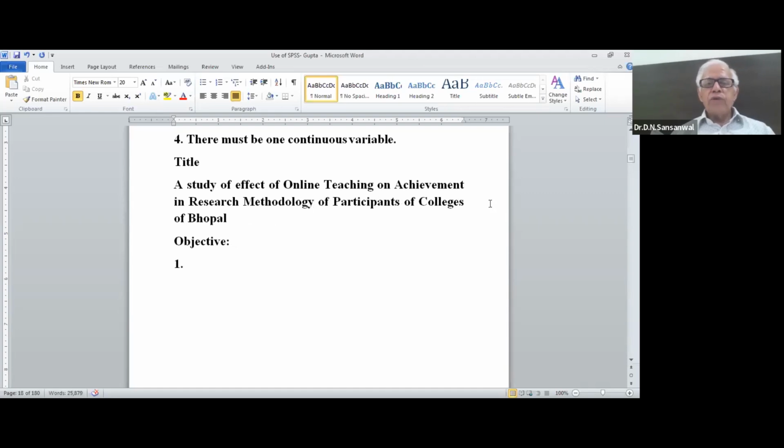So then your variable is achievement in research methodology. You have to develop a test and administer it to the same people. Therefore you will have before as well as after.